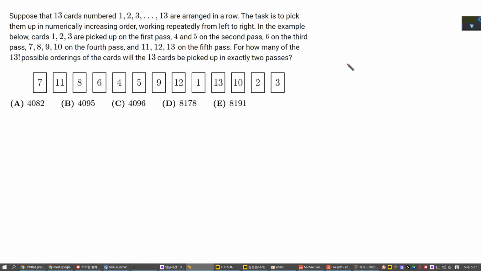When there are 13 cards, there are 13 positions for each card.